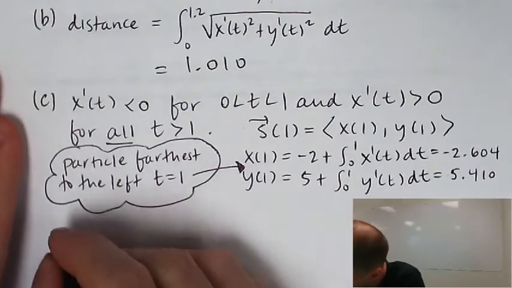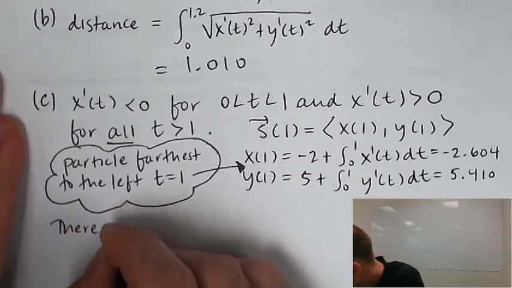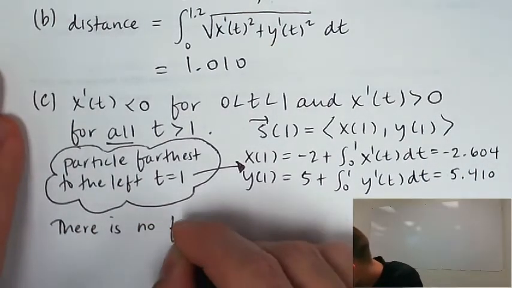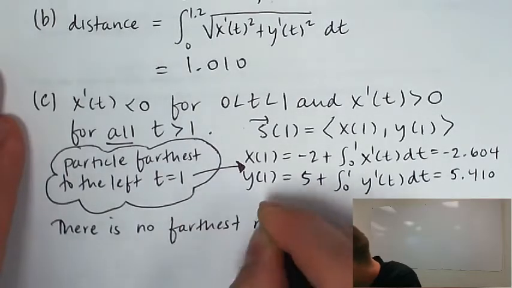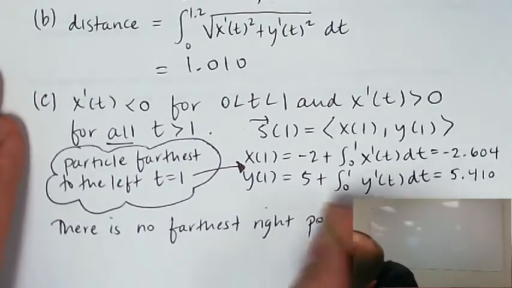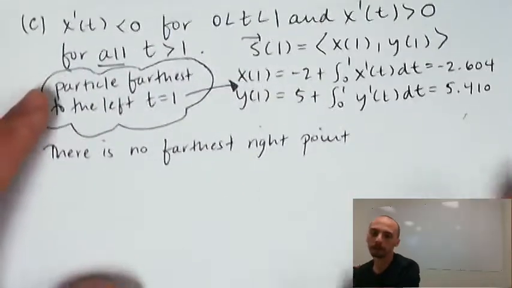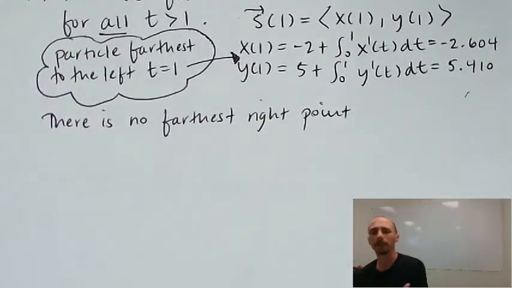Well, and this one, I'm sure that when they release the scoring guidelines, there's going to be some sort of really obvious way I should have said this. But I'm going to say because x prime is negative and then positive, and that's the only sign change.